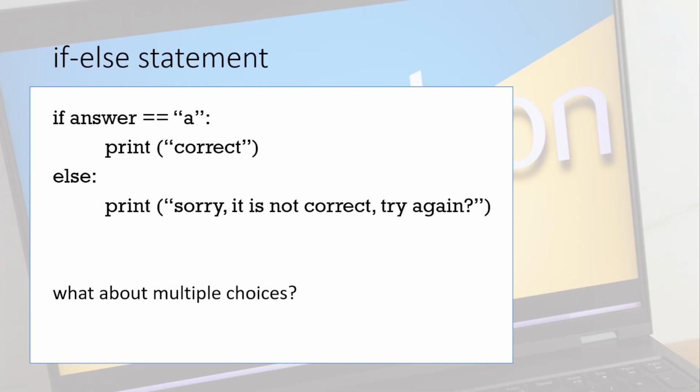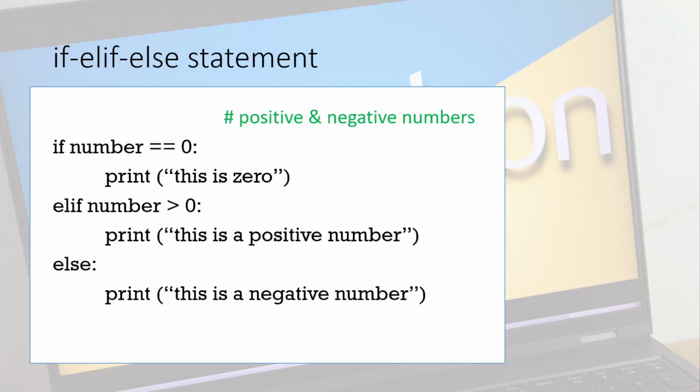Now what about if we had loads of different choices, like a multiple choice questionnaire or something like that? Could we use anything like that? Well, there's an if else statement. So here's our example of positive and negative numbers. We've got if the number is 0, print this is 0. If it's greater than 0, it's going to be a positive number. So this one, if it's true, it does the first thing. If this is not true, then we check the second thing.